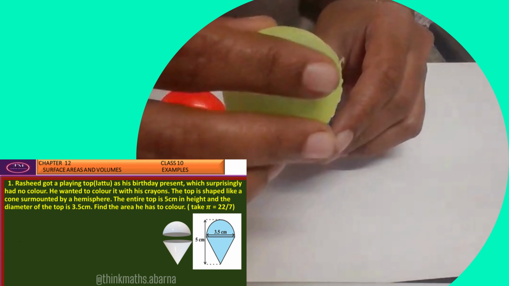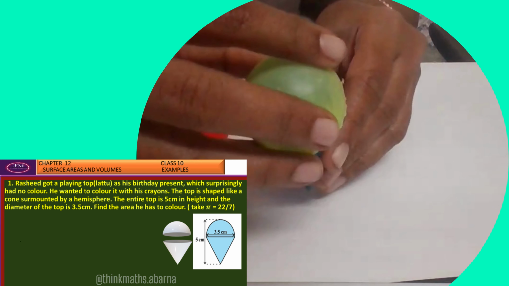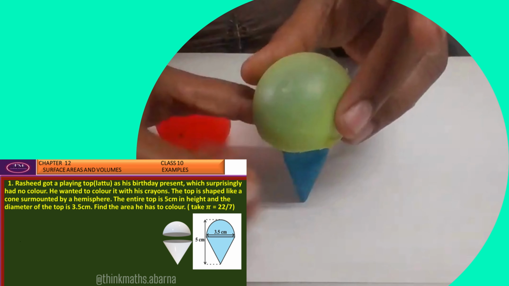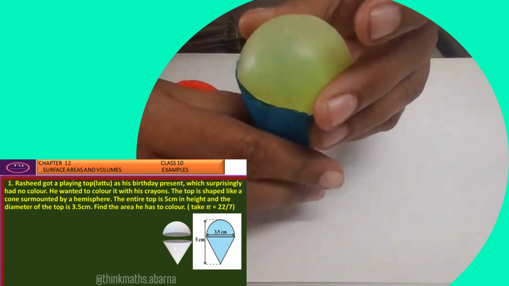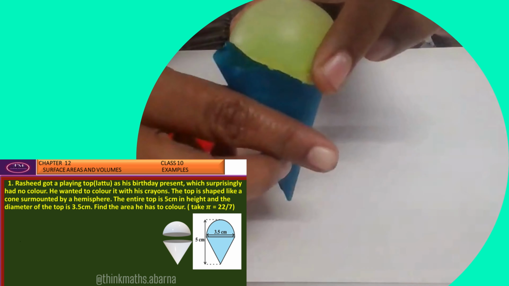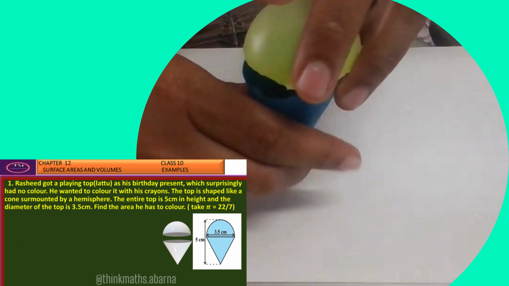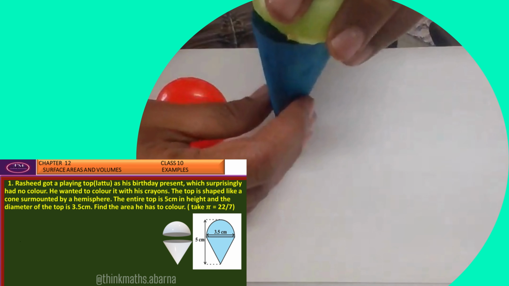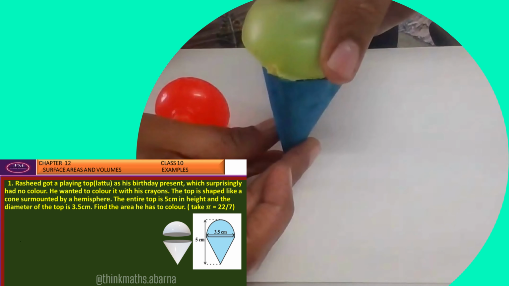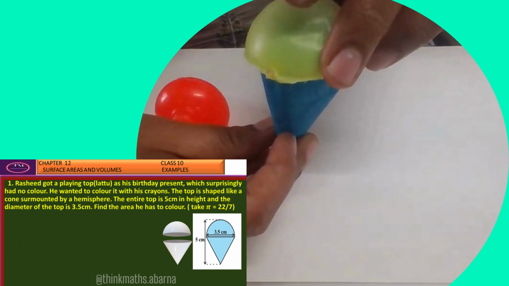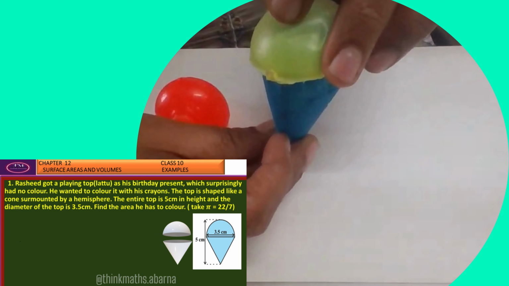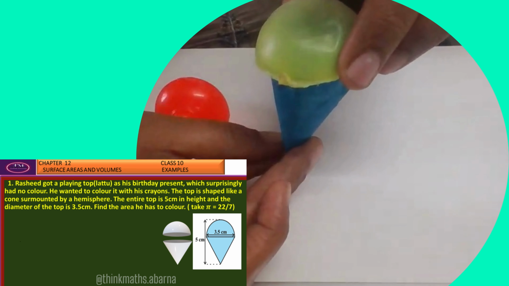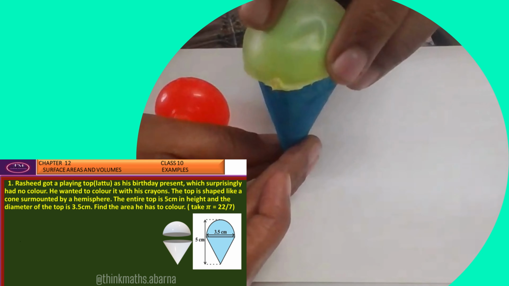Surmounted means placed on top of the cone. So this hemisphere is placed on top of the cone to form the shape of a latu. That is a cone at the base and a hemisphere on top.